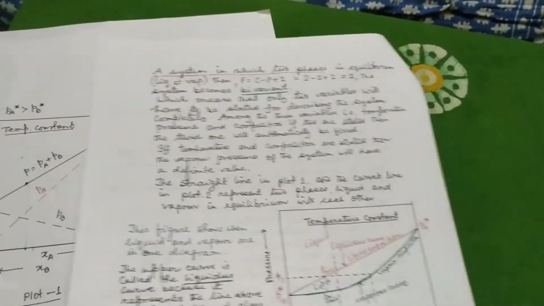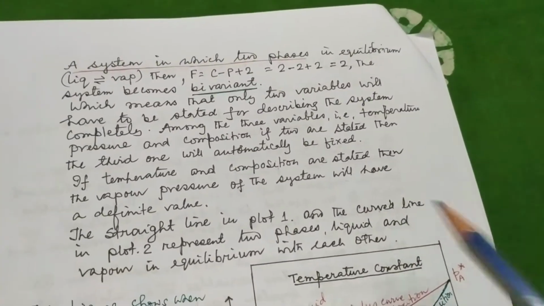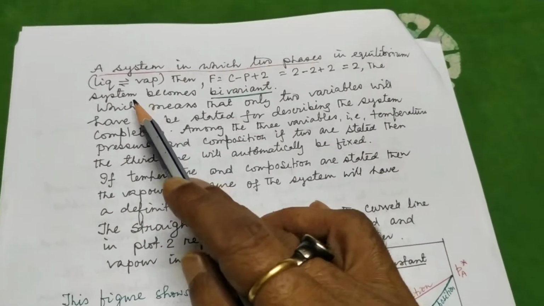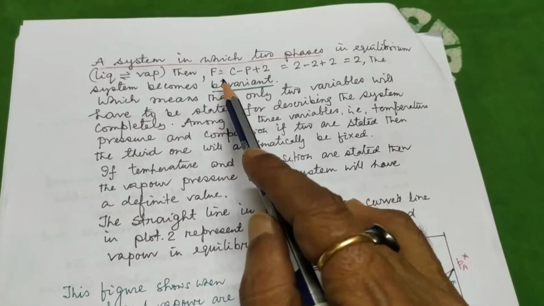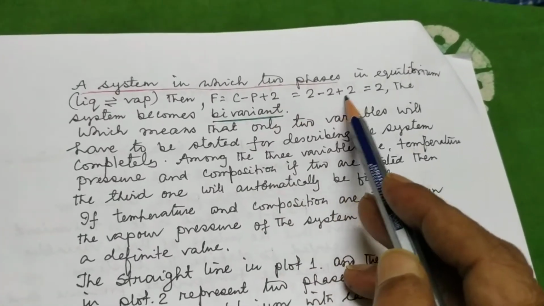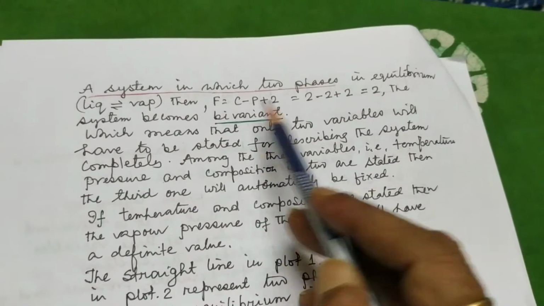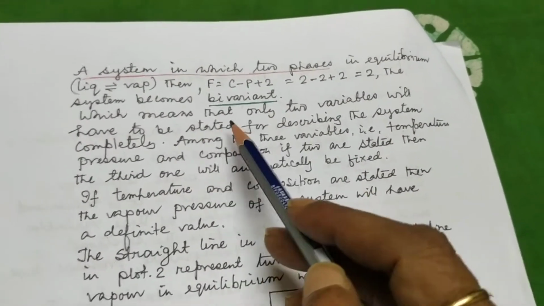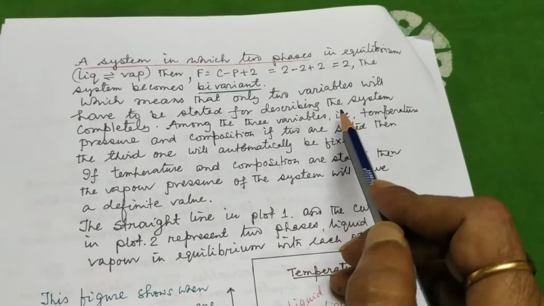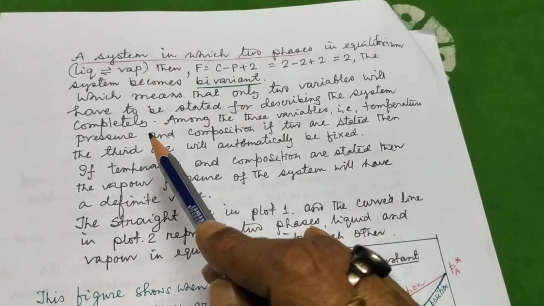Now, for a system in which two phases are in equilibrium, that is liquid in equilibrium with vapor, F equals C minus P plus 2. That is 2 minus 2 plus 2, which is 2. The system becomes bivariant, which means only two variables will have to be stated for describing the system completely.